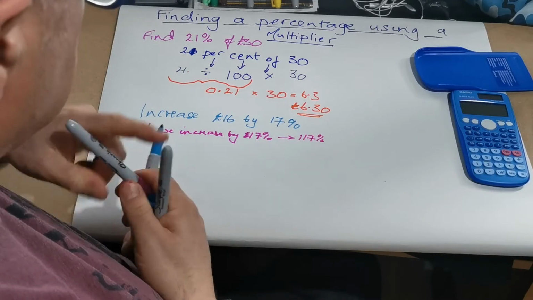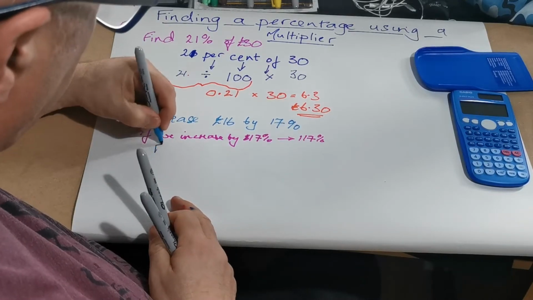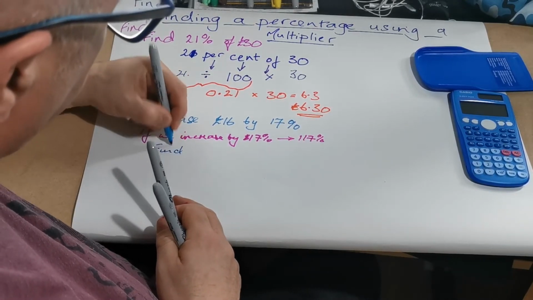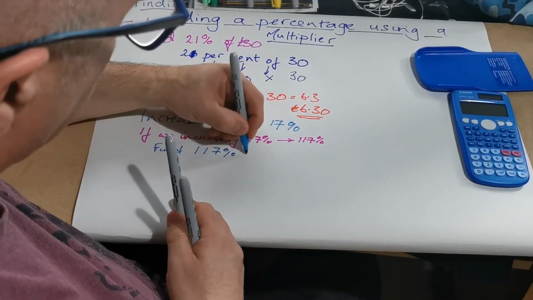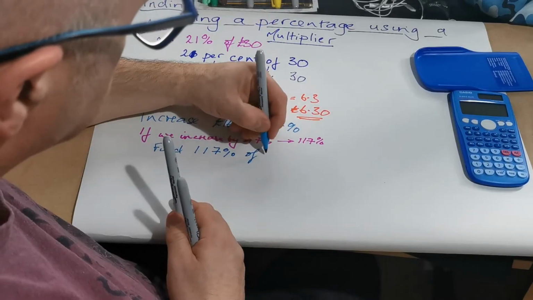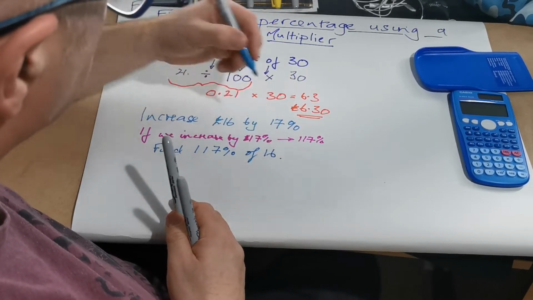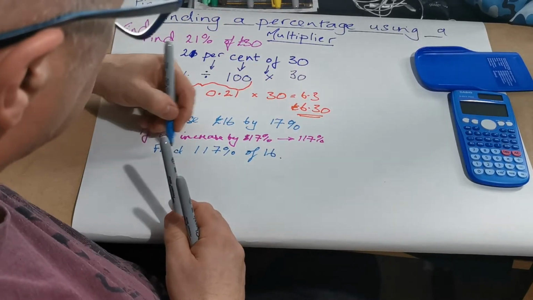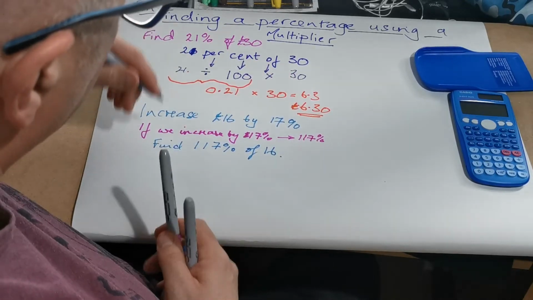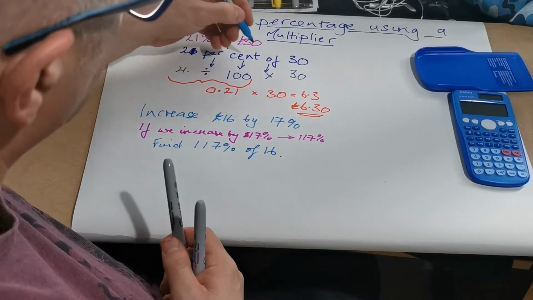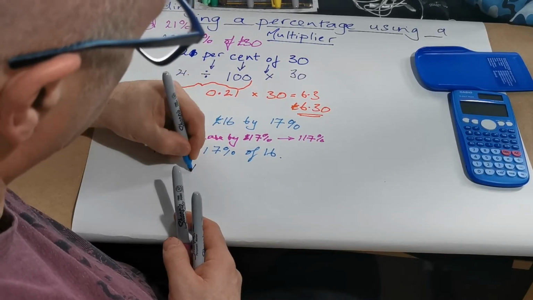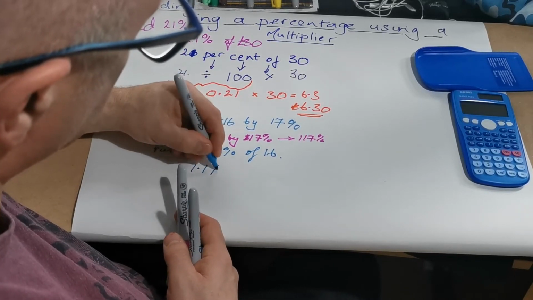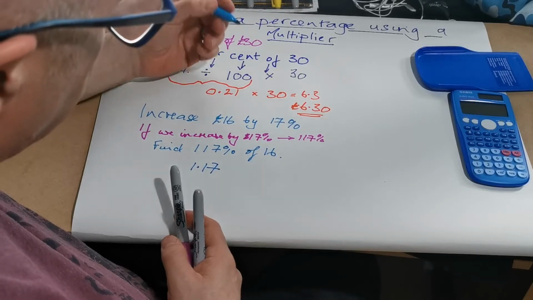So that's the same question as saying find 117% of 16. Now 117%, the percent means divide by 100. 117 divided by 100 is 1.17. Move the decimal point 2 places because there's 2 zeros in 100.